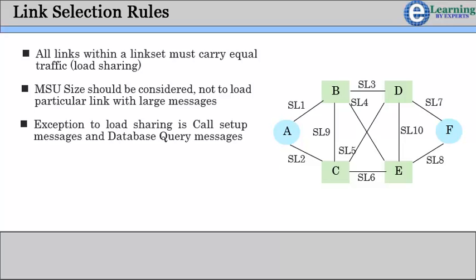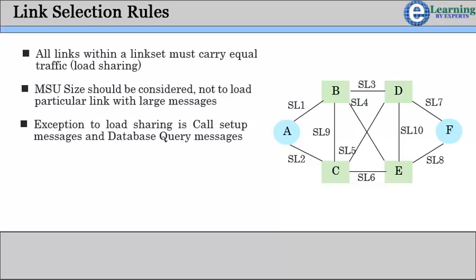An exception to the load sharing rule is call setup messages and database query messages. These messages usually require more than one signal unit to be sent. These signal units must be received in order, otherwise, an error will occur.